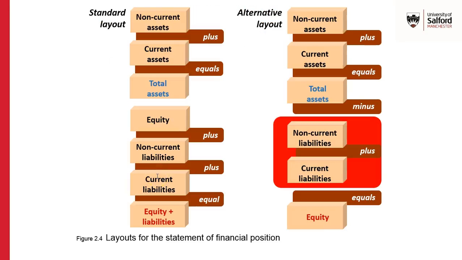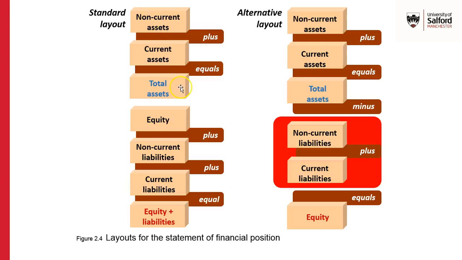We did briefly mention the layout, and we said that Tesco's produced the total assets minus the liabilities, which is that plus that. The red indicates that the total is reduced, and that equals the equity. Alternatively, we can have something like this.